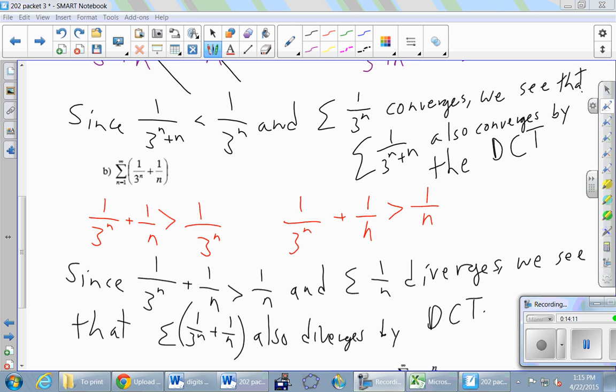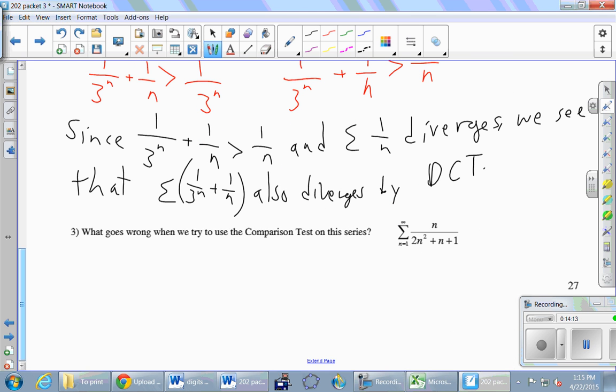Okay, let's take a look at the next part, C, or 3. What goes wrong when we try to use the comparison test or the direct comparison test on this series? Okay, so for this one, again, let's ignore everything except what we think is important. If n is really, really huge, then adding this plus 1 at the bottom makes hardly any difference, right? And in fact, adding that plus n at the bottom also hardly makes any difference, agree?